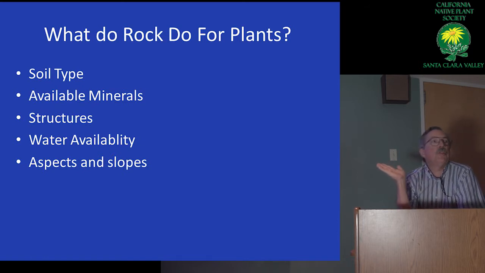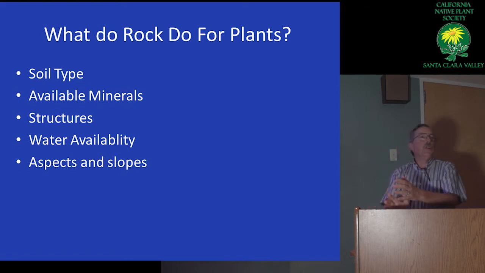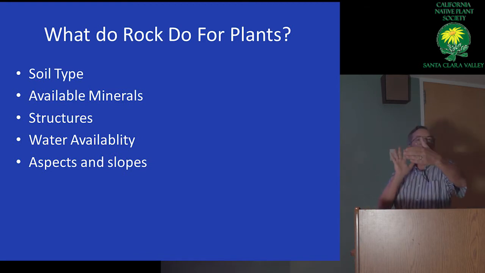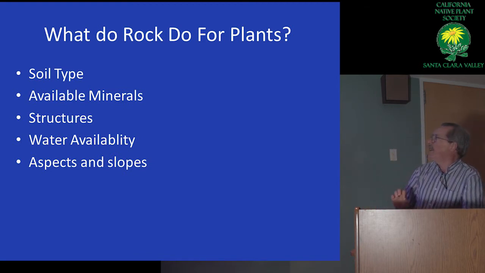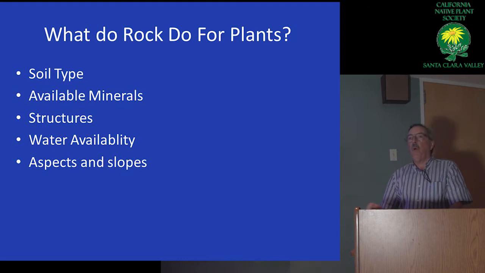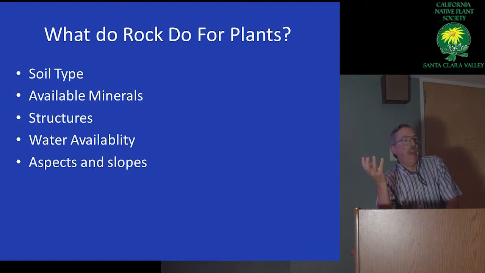The rock can form structures that the plant can use. And by that I mean fractures, places where the roots can go down. It can form cliffs, which will give shade, or hills. Water availability: rocks, of course, have pores, cracks, and so on. And depending on how the rocks have those, you can have springs.